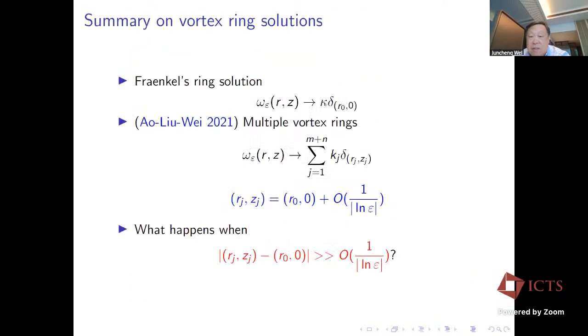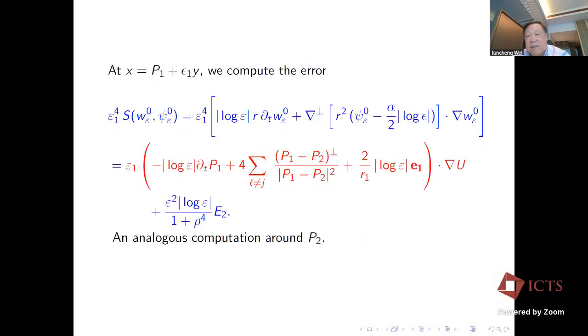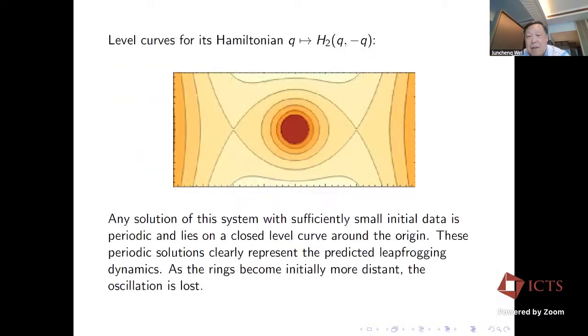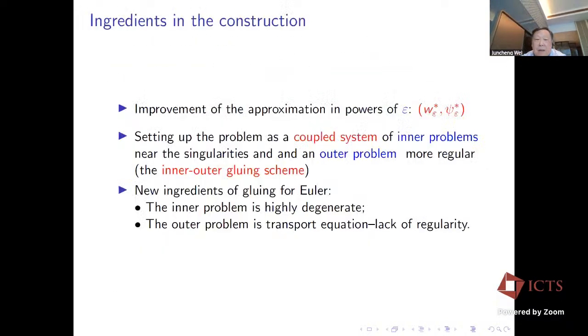So we see four different scales for this problem, and we use the inner-outer gluing for the Euler equation to prove the theorem. We need to improve the approximate solution in powers of epsilon, and we set up the problem as a coupled inner and outer system, and then we do the inner-outer gluing.